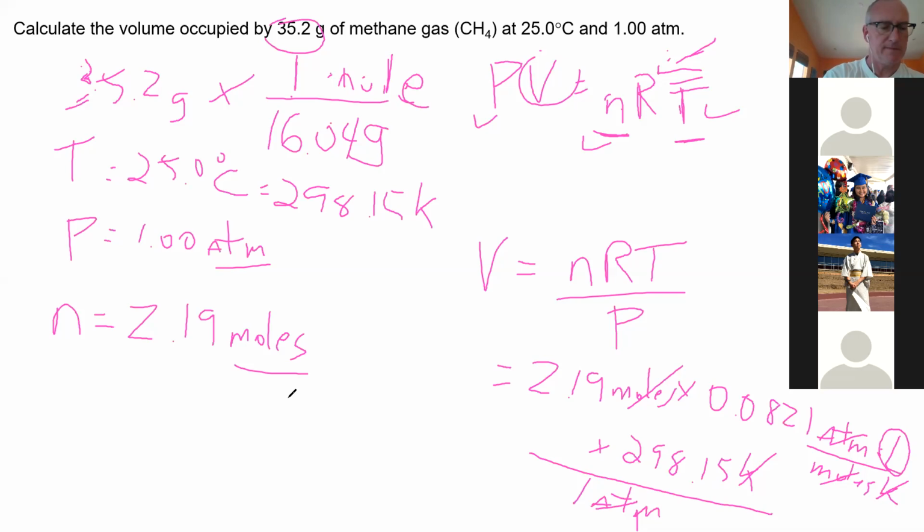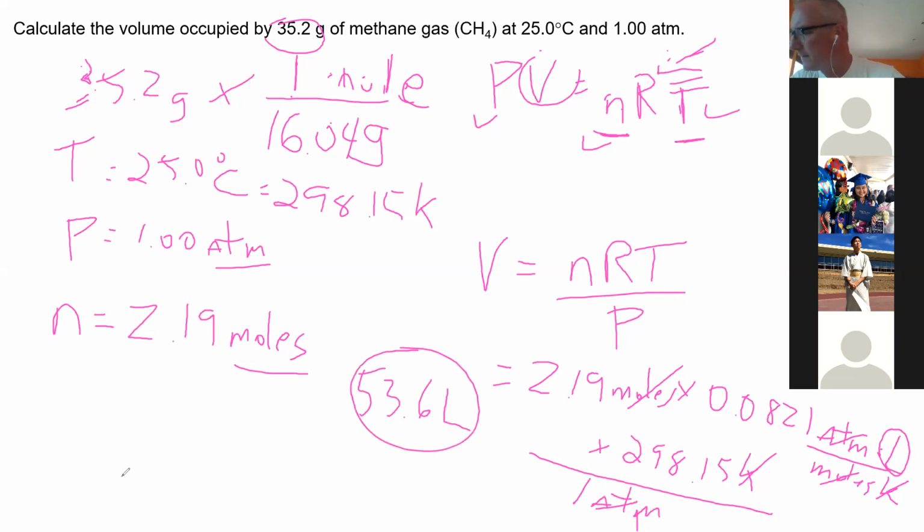I got 53.6 liters. Maybe I plugged it in wrong? So it's 2.19 times 0.0821 times 298.15. I got 53.6. Oh, I plugged in something wrong. 53.6. Okay, good.